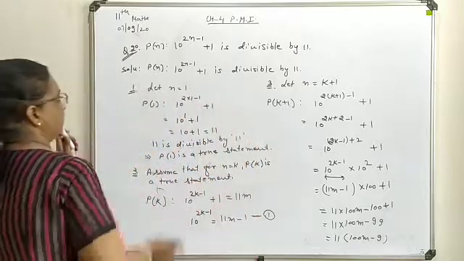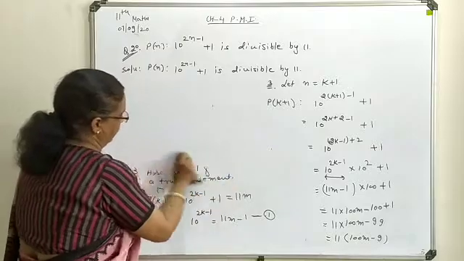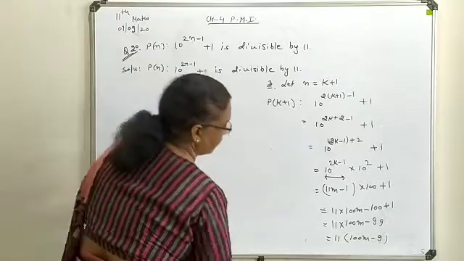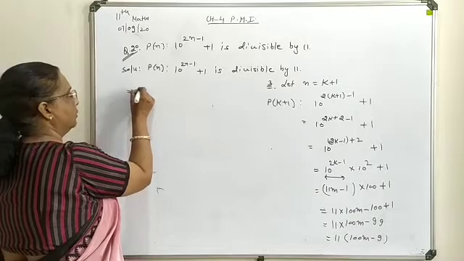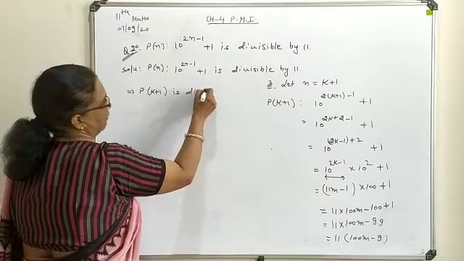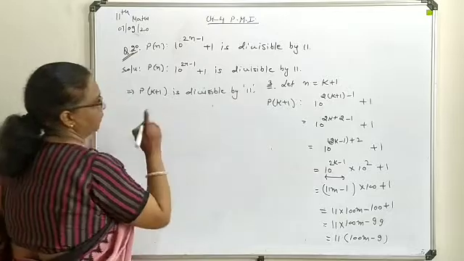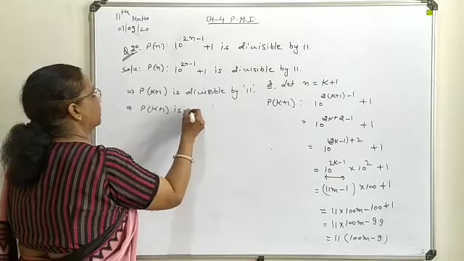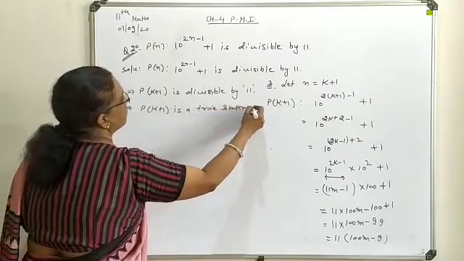So the conclusion here we will write: therefore Pk plus 1 is divisible by 11, which means Pk plus 1 is a true statement.